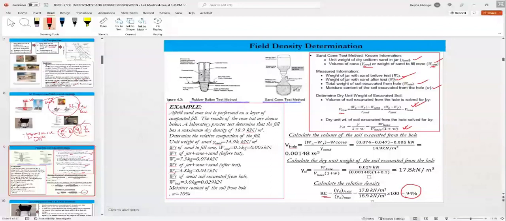Okay, how do you change the moisture? Increase compaction.